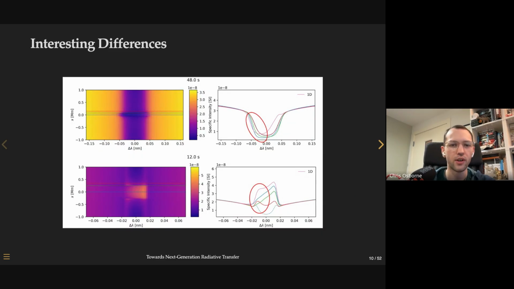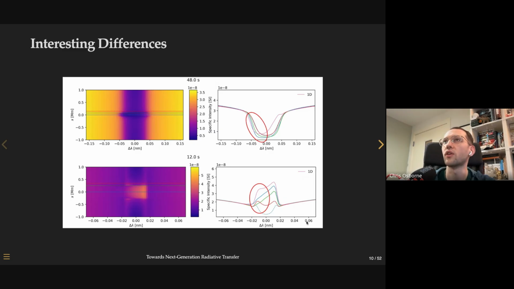So as we make this wider, clearly we're approaching the plane parallel limit, but we have to get really quite wide to do so. So I've just highlighted here for a couple of times, in this case, the H alpha line at late times, where we see there's really quite a big difference in the blue wings. The asymmetry is very different for that blue line versus for the pink line, which is just the single Radon strand by itself. And then I picked an earlier time for the 8542 one.